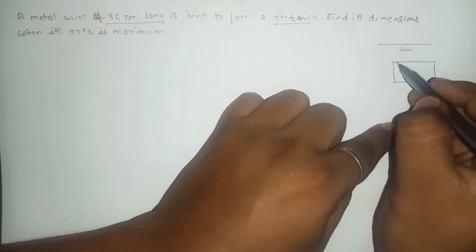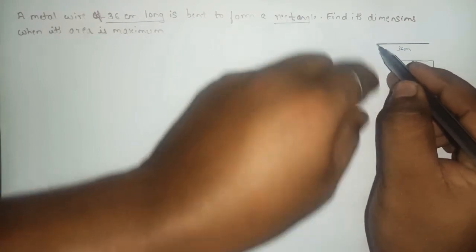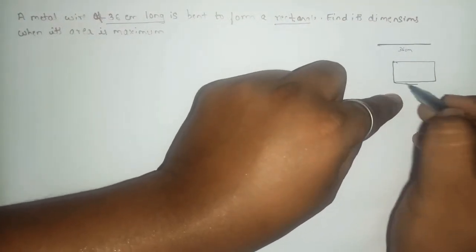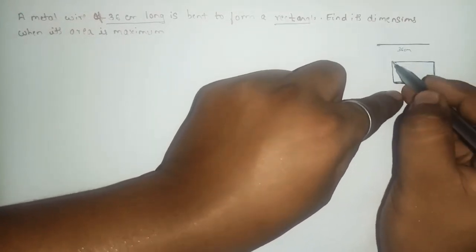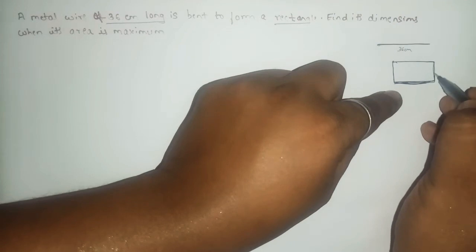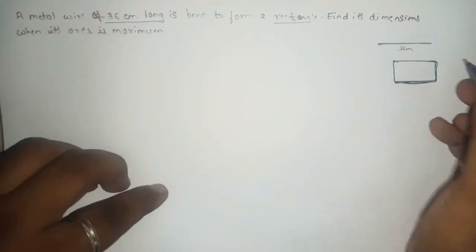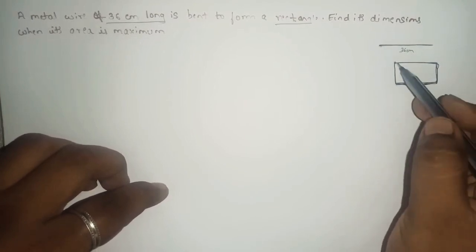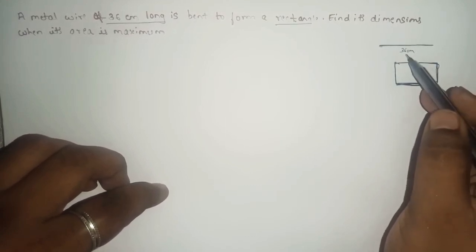So can I say the wire is 36 centimeter long, and this is bent to form a rectangle. When you bend this wire to form a rectangle, the total length of this outer region will still come to 36 only.